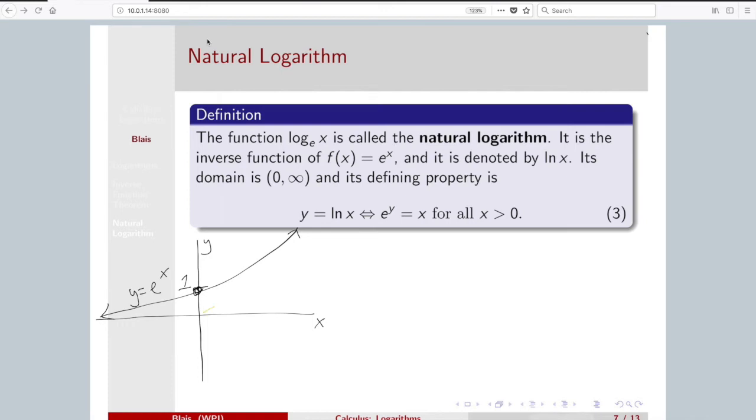The natural log is going to be basically the same picture we drew when we just drew a general log of base a. But in particular, this is a special case for a base, and we give it that special notation. We say log base e gets this special notation written ln of x for natural log.